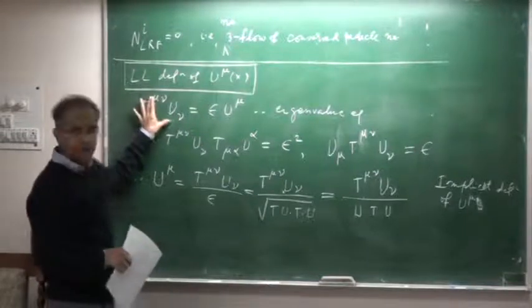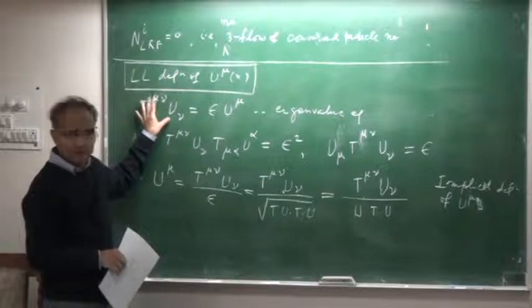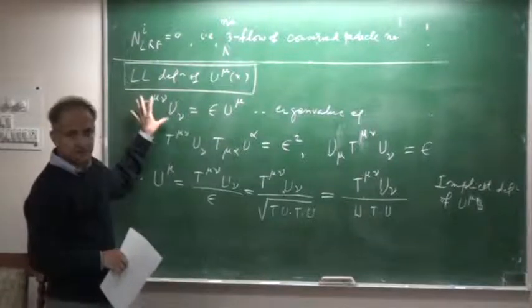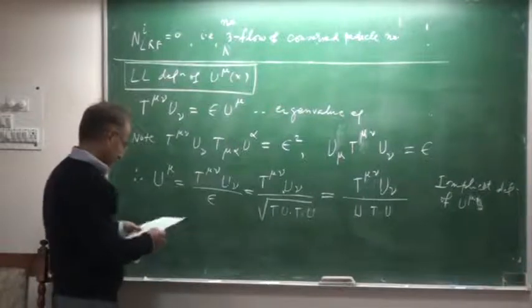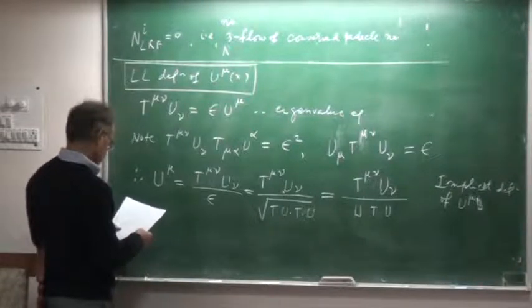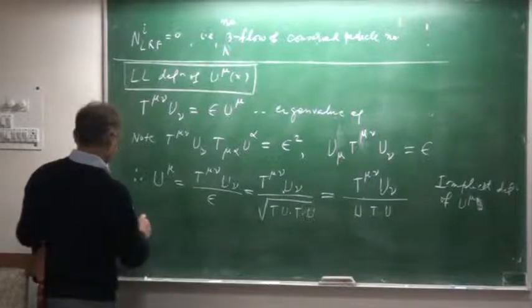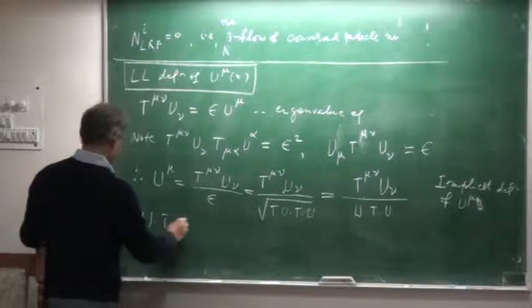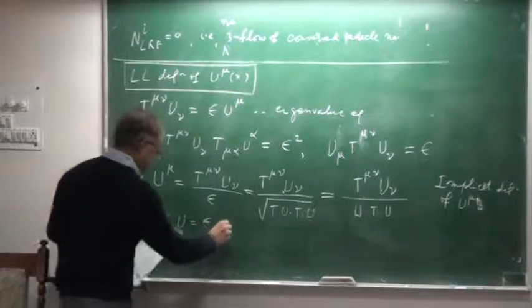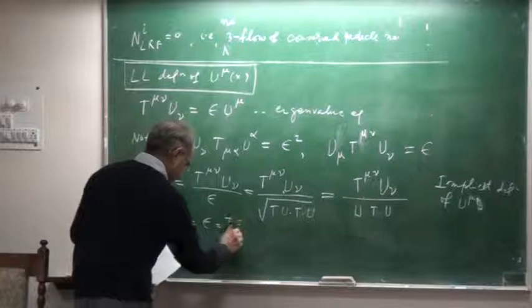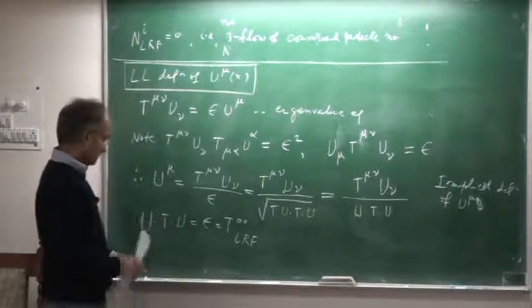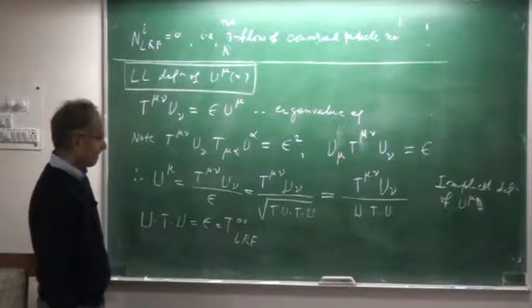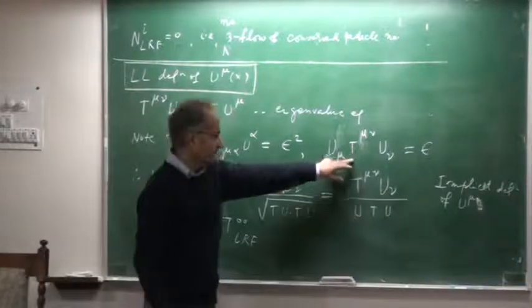Left hand side is a 3 vector, right? And u mu is parallel to that 3 vector. Look at this quantity here.